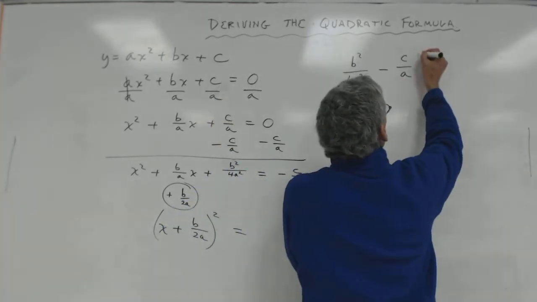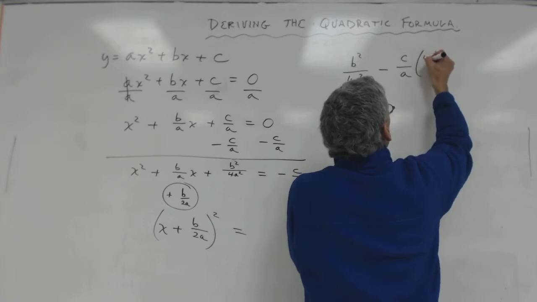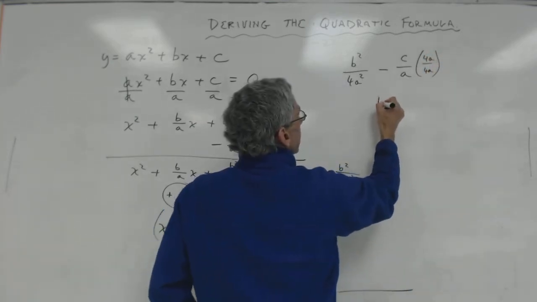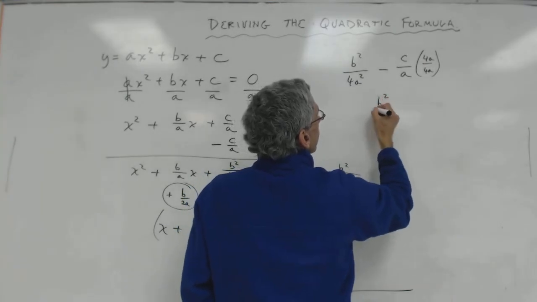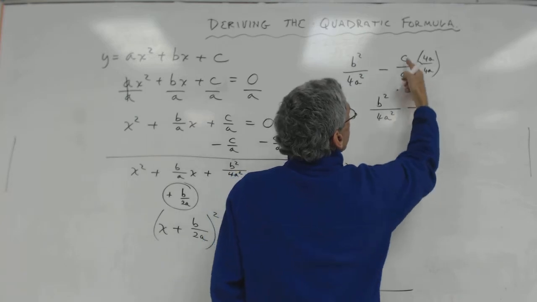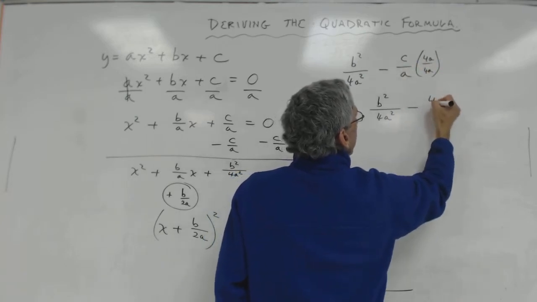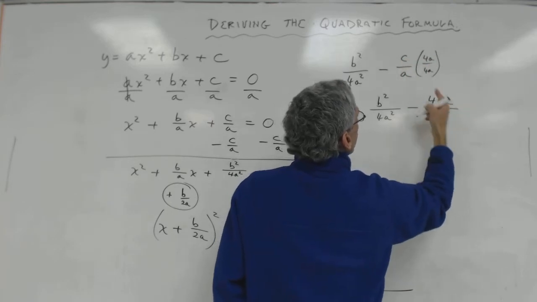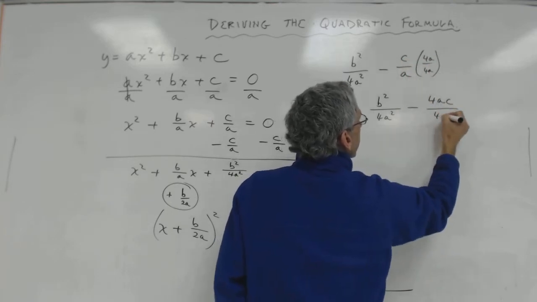So I'm going to multiply the top and the bottom by 4a. So that gives me b squared over 4a squared minus 4ac, right? 4a times c is 4ac, all over 4a squared.